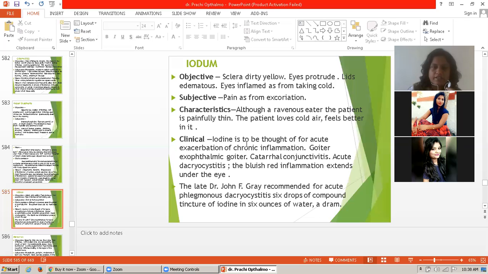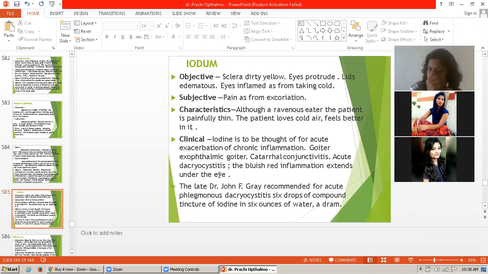Clinically, iodine is to be thought of for acute exacerbation of chronic inflammation. Any case of chronic inflammation which shows acute exacerbation, we can think of iodine: goiter, exophthalmic goiter, catarrhal conjunctivitis, acute dacryocystitis, with bluish red inflammation extending under the eye.